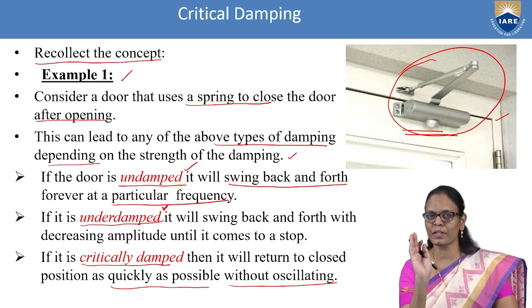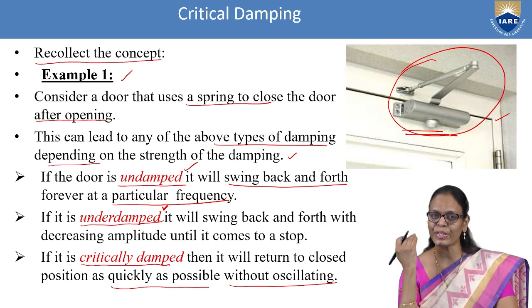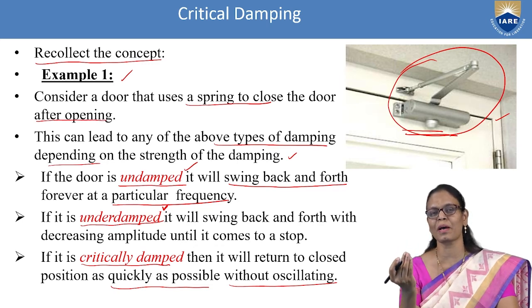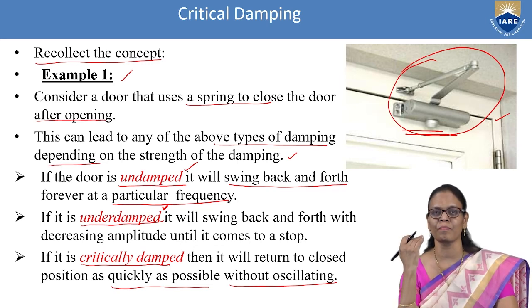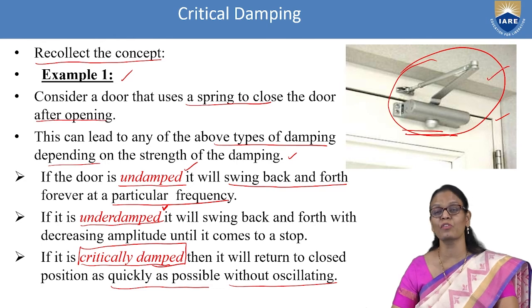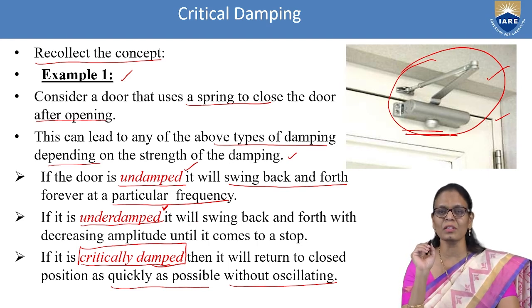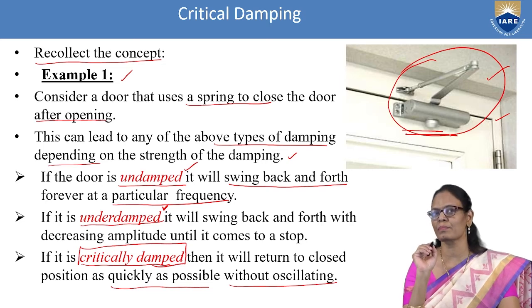When you open the door and come inside, you don't want the door to oscillate, and also it has to close in a smooth manner in the least possible time. So for that, what we do is critical damping. In the door closure, the type of damping we need is critical damping, so that the door will close automatically without oscillating, and it will happen in the least possible time.